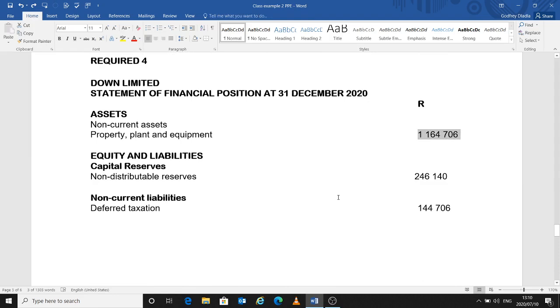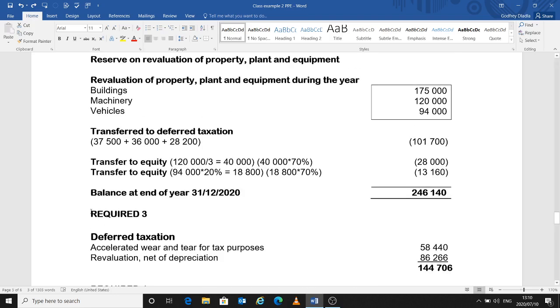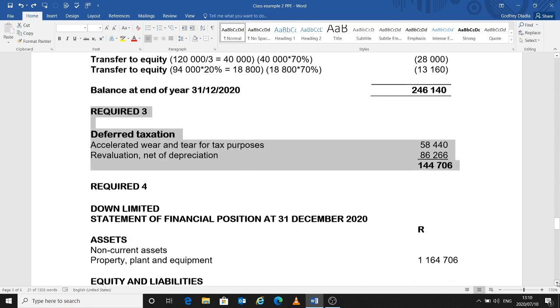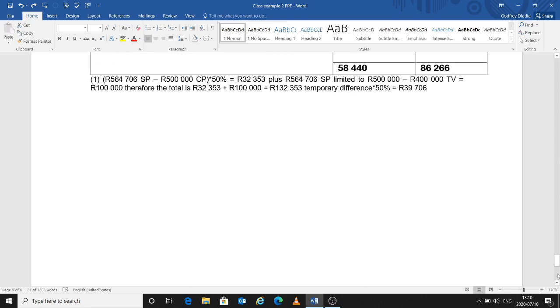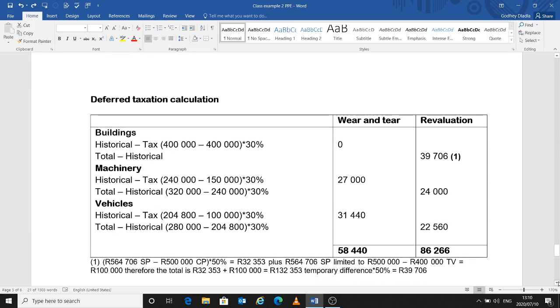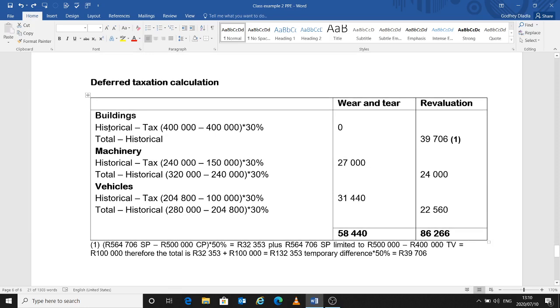Now, the figure that we must now entertain is the breakdown of the deferred tax, which is this one here. Required 3 is this one. Remember what I said? If I compare historical to tax value, it will give me a 0.